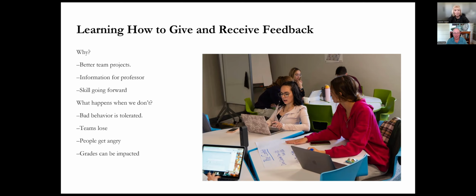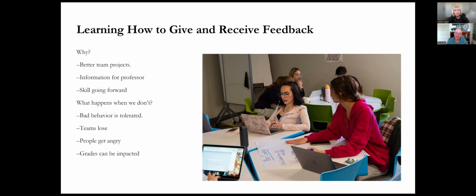I'm sure that you've seen this happen before in a team project where people get mad, they get frustrated, and that emotion can blow over and really affect the team and how people think about teamwork in the future. And finally, your grades can be affected if you are not getting your team together really focused and having everybody do what they're supposed to do.